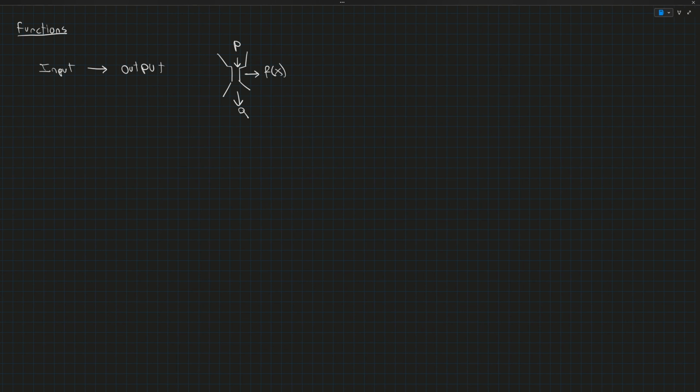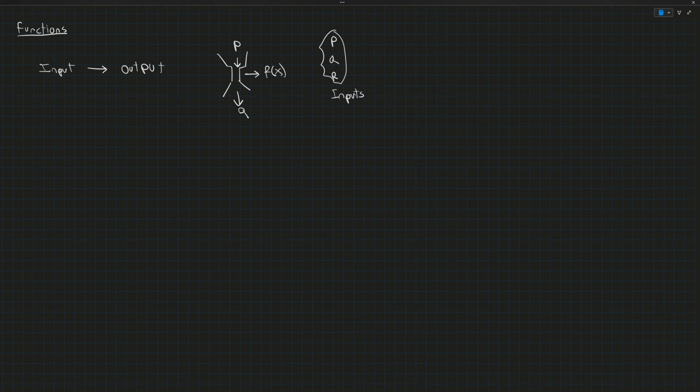For example, imagine we have a bunch of inputs, P, Q, R. Of course, these are all the inputs, and they follow some rules.